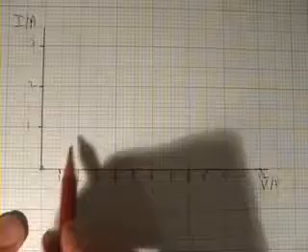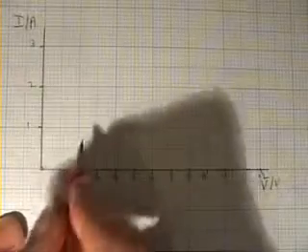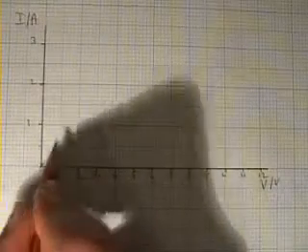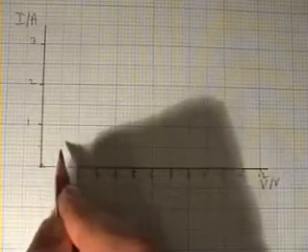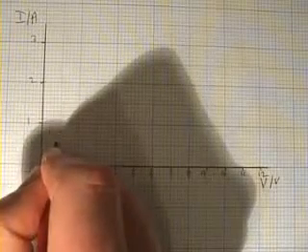So we know that the graph goes through 0, 0. We know we've got a straight line until the current is 0.5 amps and the voltage is 0.75 volts. We've got 5 small squares representing 1 volt, so each small square represents 0.2 volts, so 0.75 should be there.